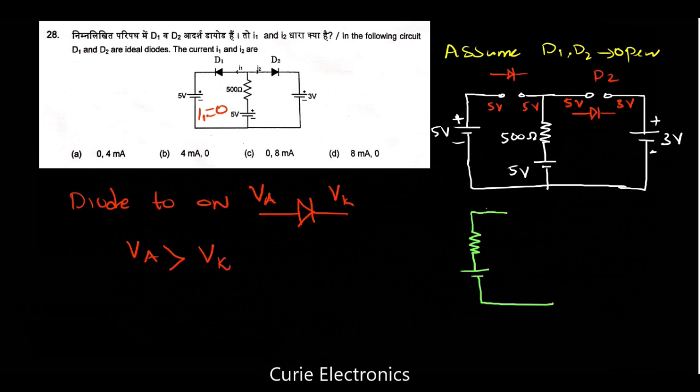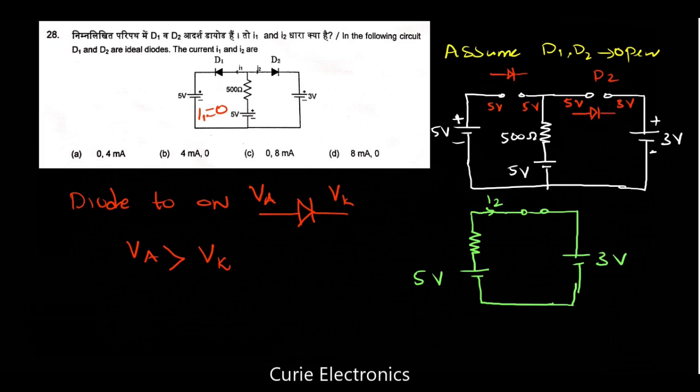So this is the I2. We want I2 only. Here we have the diode, and I will replace it by a forward-bias short circuit. And this is at 3 volt, and here it is 5 volt.